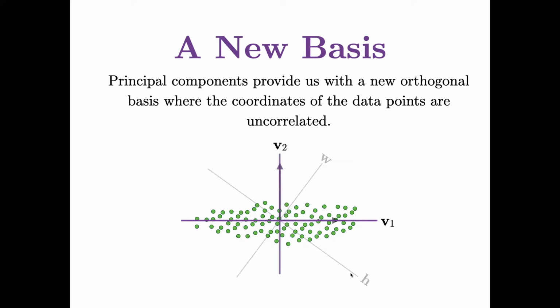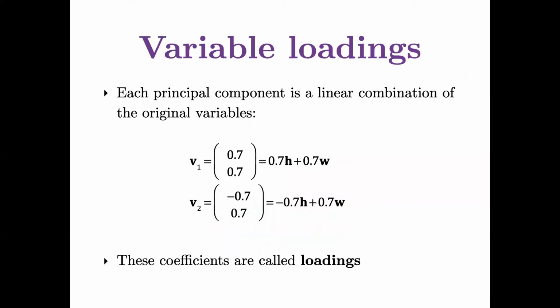But you can see here, just for reference, I still have the height and the weight, kind of transparent on this chart. Each principal component is a linear combination of our original variables because it's just a vector that points in a direction.